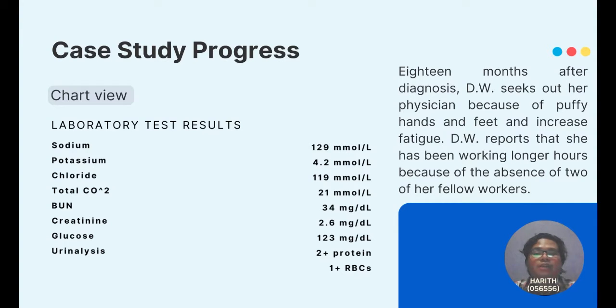From the laboratory test results, it is recorded that sodium is 129 mmol/L, potassium 4.2 mmol/L, chloride 119 mmol/L, total CO2 21 mmol/L, BUN 34 mg/dL, creatinine 2.6 mg/dL, glucose 123 mg/dL, and urinalysis 2+ protein and 1+ RBCs.